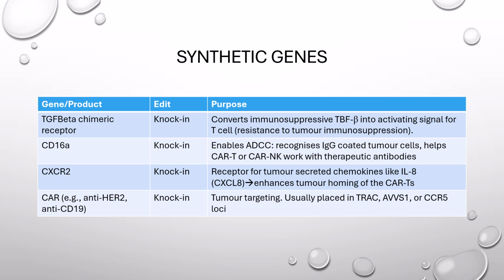And this is knocked in, and we're normally knocking it into the T cell receptor alpha constant region. Very rarely in the AAVS1, I'll talk about that, or the CCR5 loci. I'll talk about those loci later on, but just knocking in the actual receptor that will produce the therapeutic response that we're looking for.